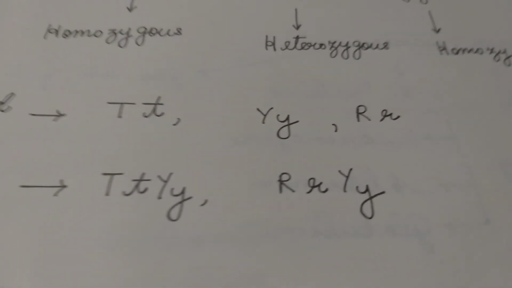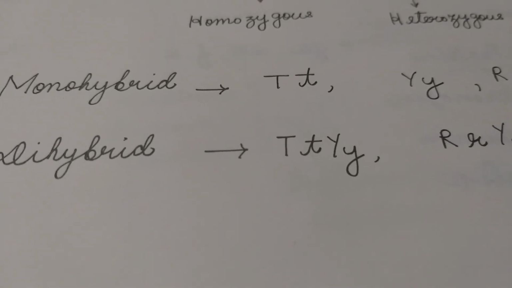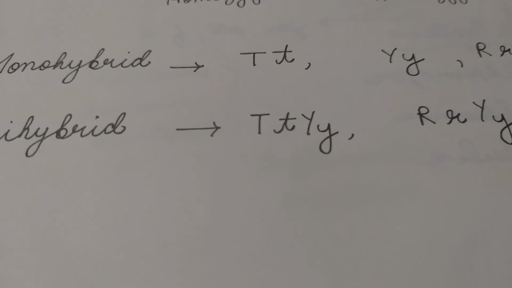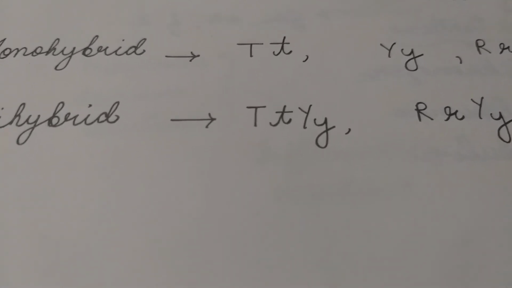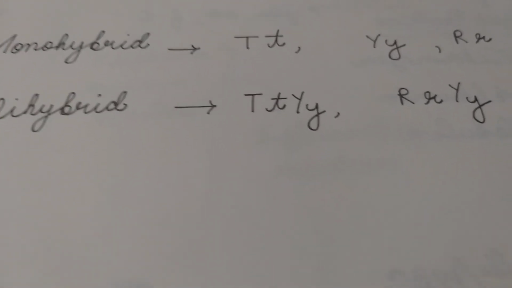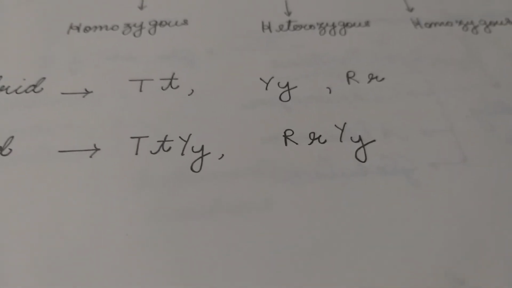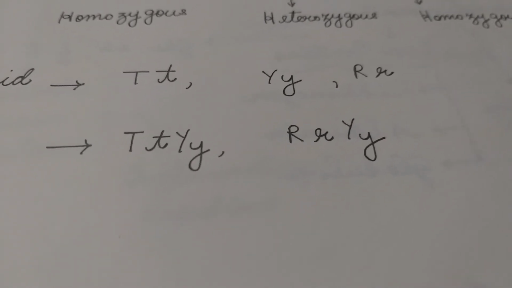What is a dihybrid? If you want to represent a plant or an individual which is diploid but shows two different traits, then you can represent the organism this way: capital T, small t, capital Y, small y.